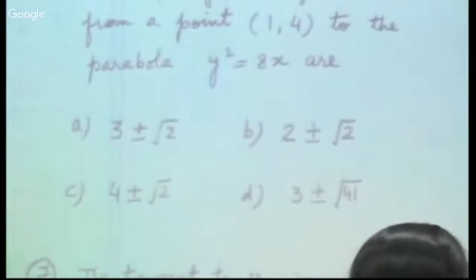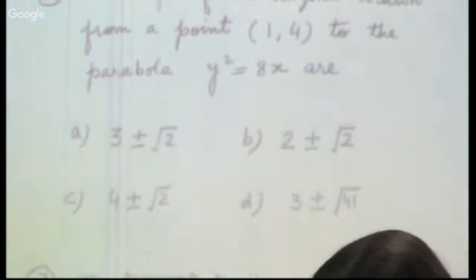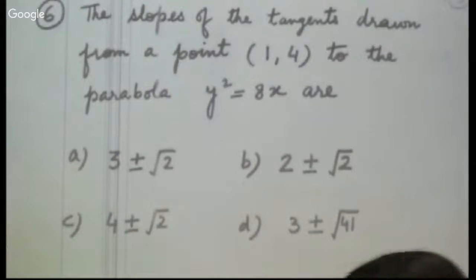The slopes of the tangents drawn from the point 1,4 to the parabola y square equal to 8x. See, there is a point which is given to you, the external point 1,4. The equation of the parabola is given to you. You have to find the slopes of the tangents.